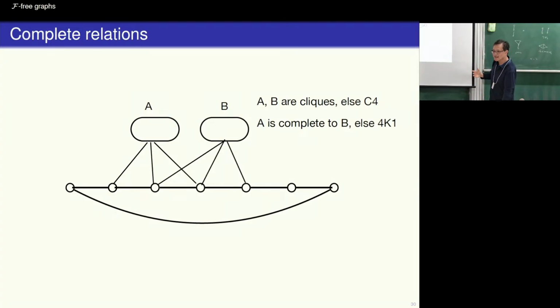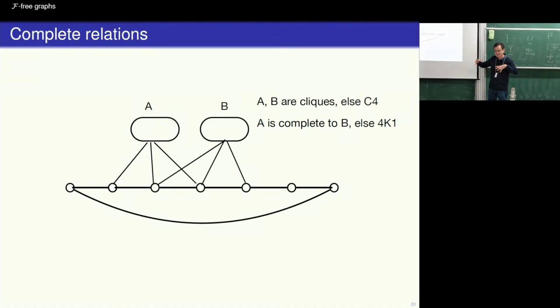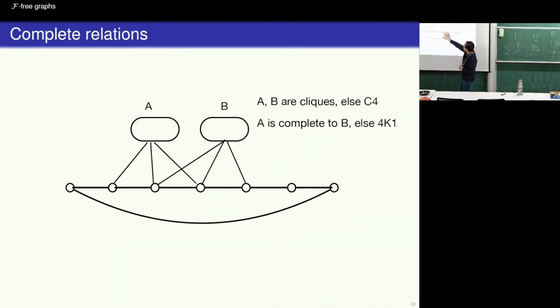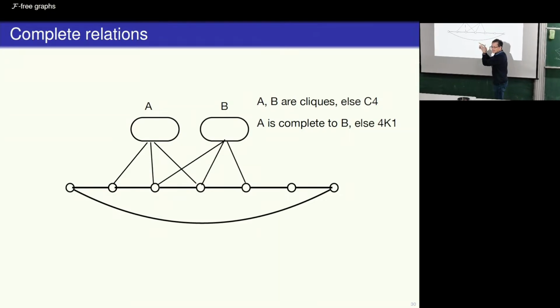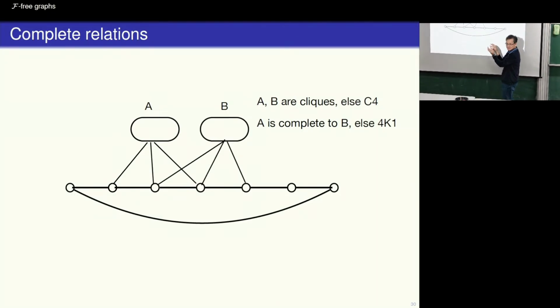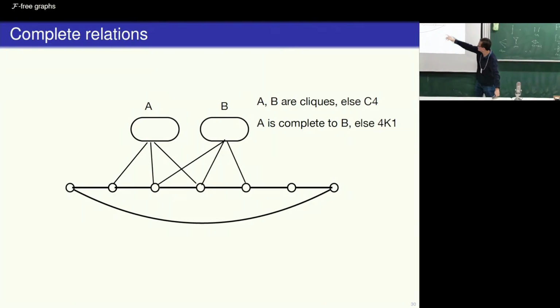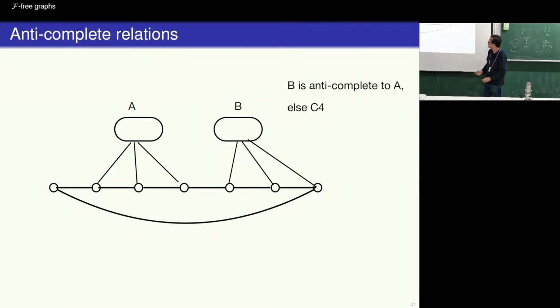So you do this analysis for every pair of neighbor sets. Maybe you can shift B to the right again, and you do the analysis. For example, if you shift the set B 2 steps, you get this situation.